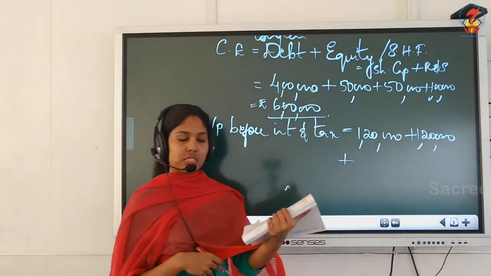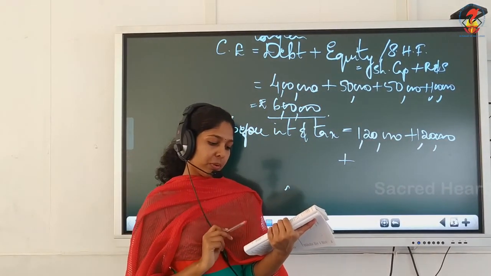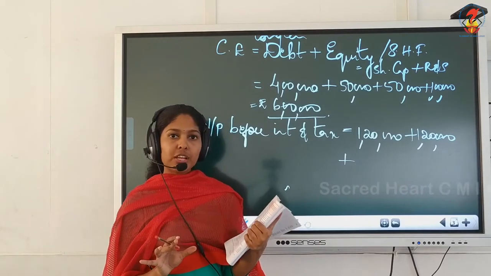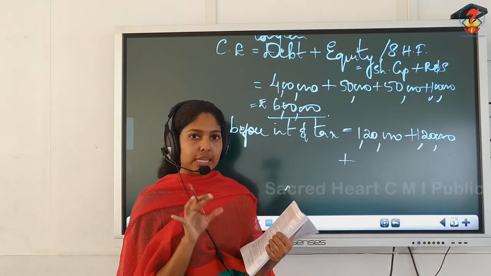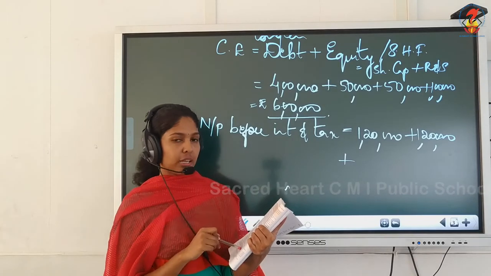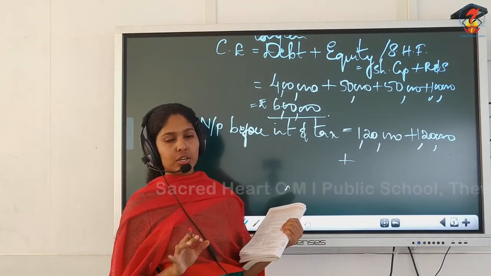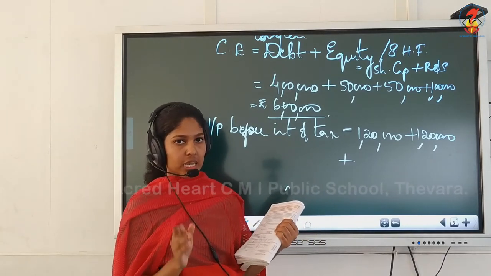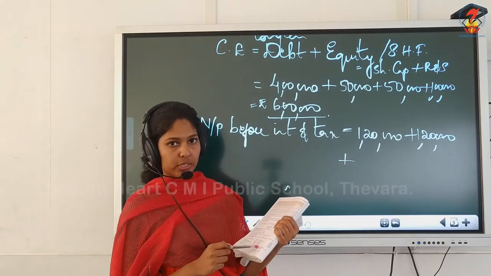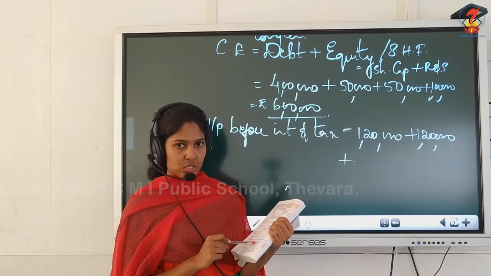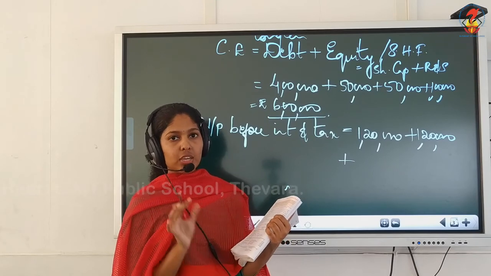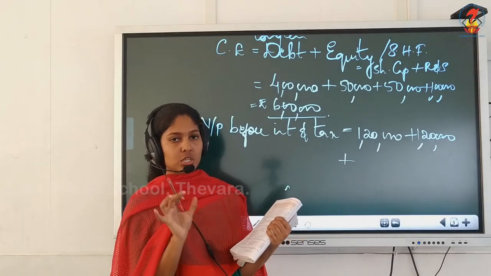Other than that, in the question you have 10% preference share capital, but on preference shares the return is called dividend, it is not interest. So that 10% is the dividend rate given. Don't go and compute it as interest. Interest means interest on borrowings, debentures. So on preference shares or on equity shares, we call the return as dividend, not interest.